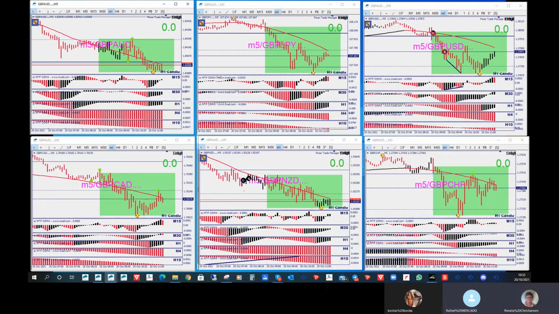And for the moment, I think it's okay. I don't know if Costa or Renata, you want to focus on only a few pairs, or I think I'm able to switch from one pair to another very fast. But of course, we need someone to call it, because I'm trading and presenting at the same time.